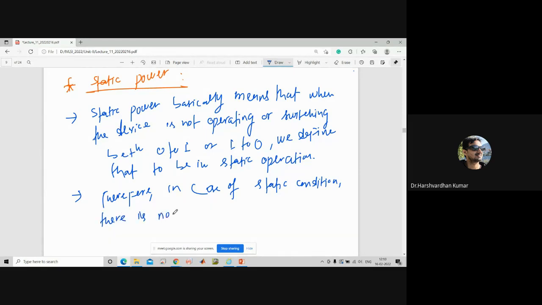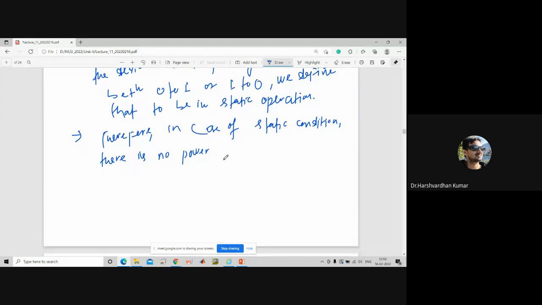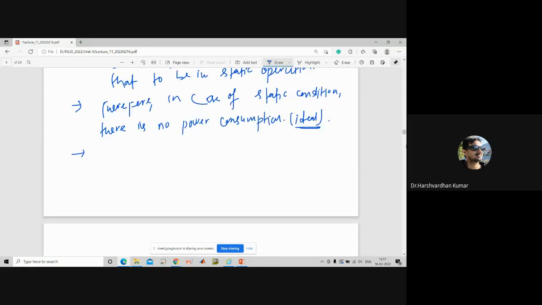But this is the ideal case. Always remember, this is the ideal case. There will be no power consumption, meaning zero power consumption. But why? What is the reason behind it? Why will the power consumption be zero?